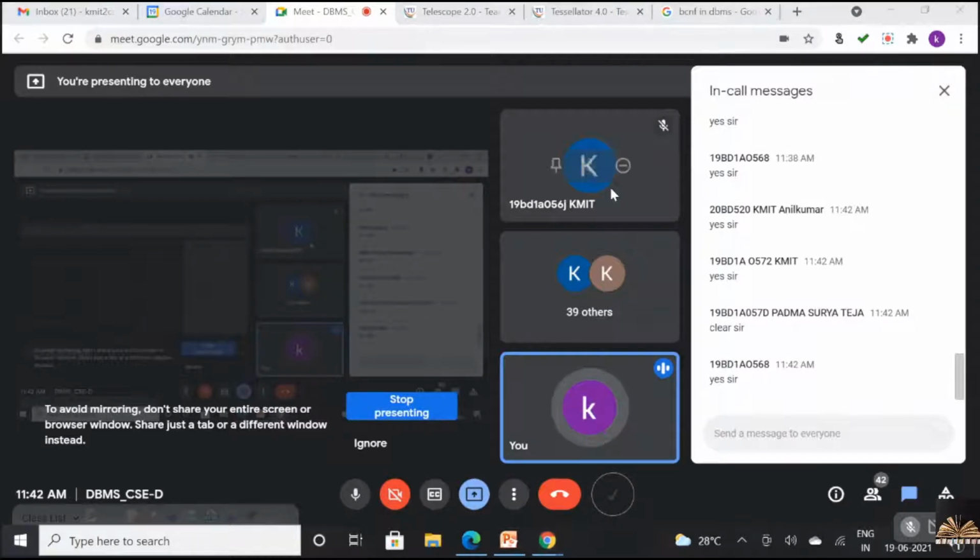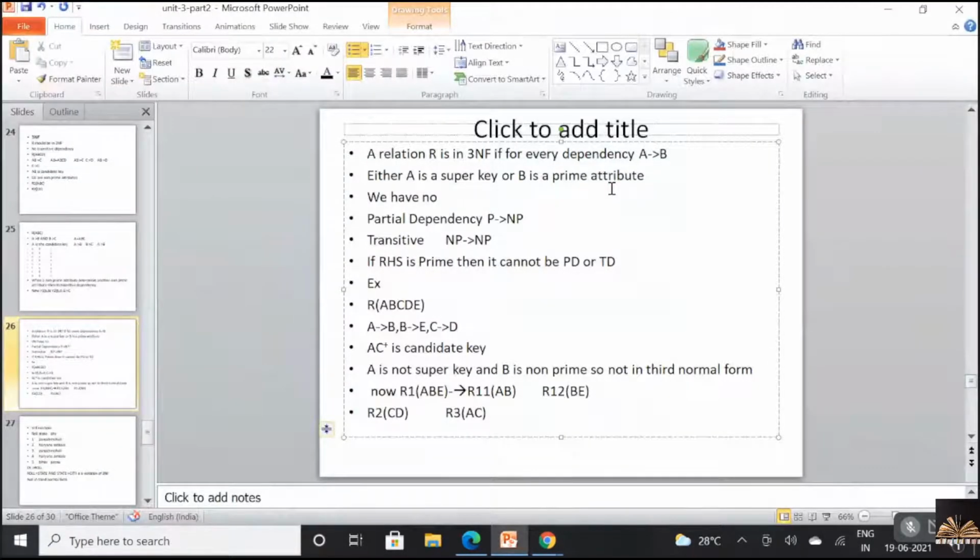Okay. Now take a look at the example. R is having 5 attributes, and the functional dependencies are A implies B, B implies E, C implies D. Now, I've directly taken AC as a candidate key.